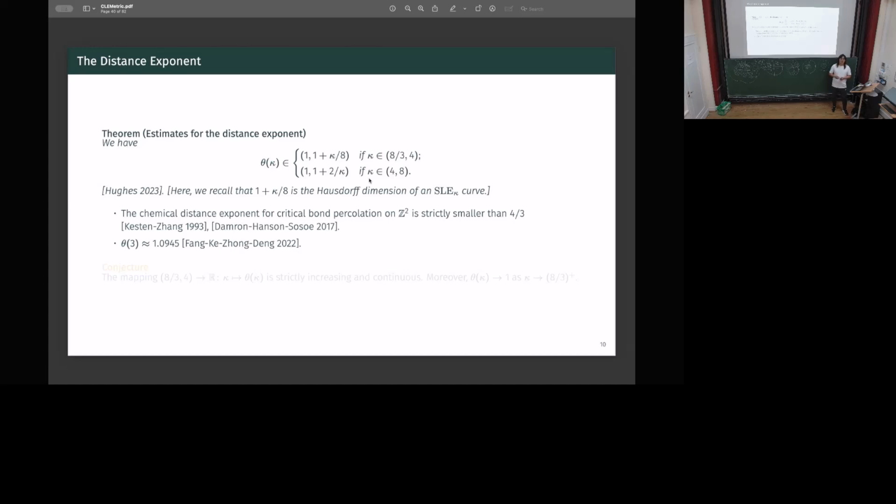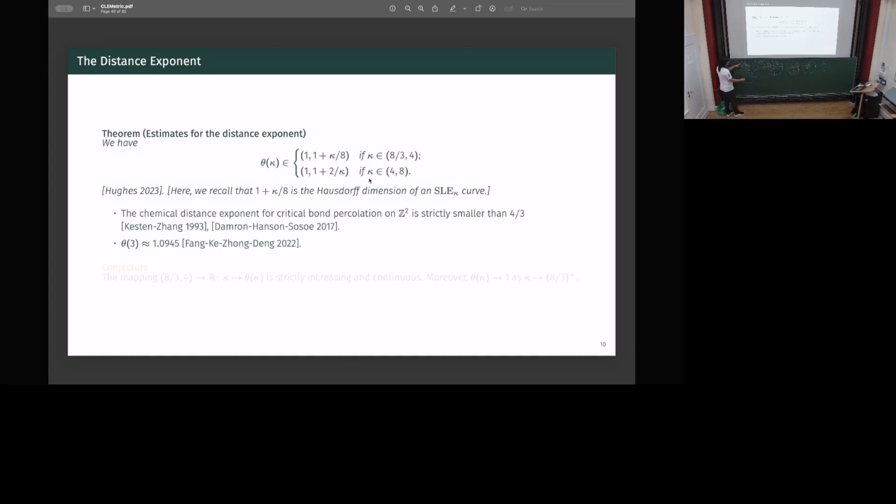What is the geometrical meaning of this exponent, one plus 2 over gamma? So you get this kind of bound, but is there some meaning of this bound? I'm not sure about the non-simple case, but when kappa is smaller than 4, this bound is quite trivial because 1 plus kappa over 8 is just the dimension of the SLE curve.